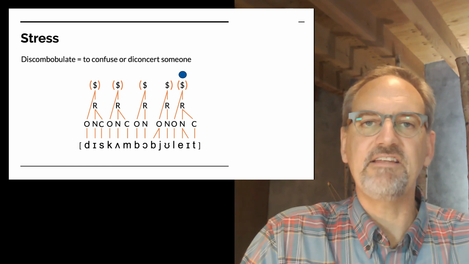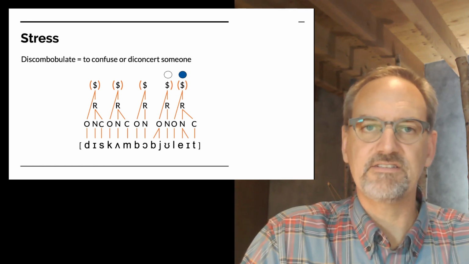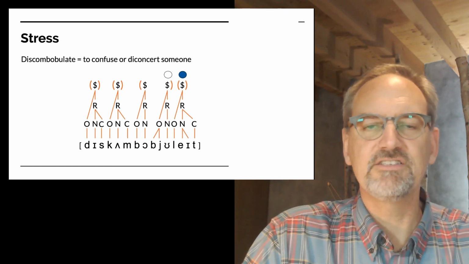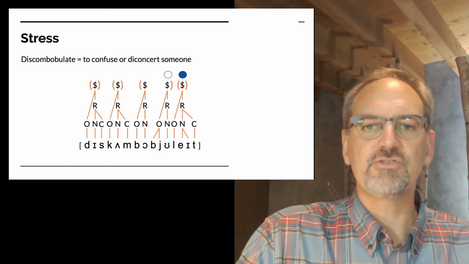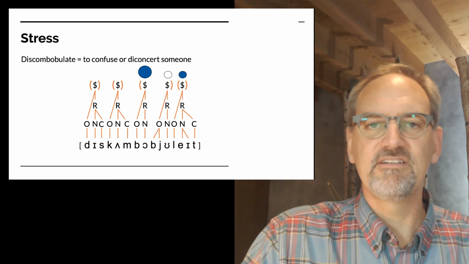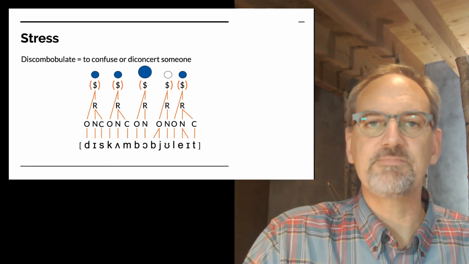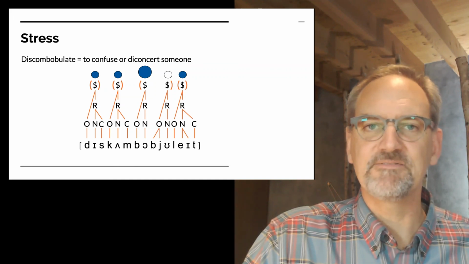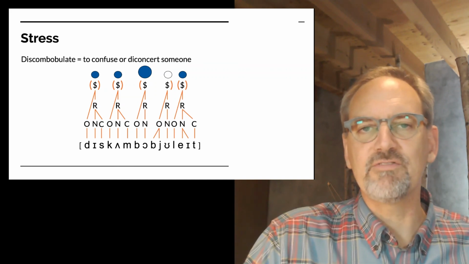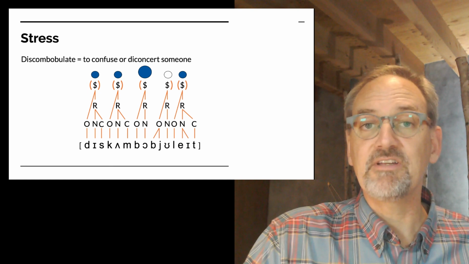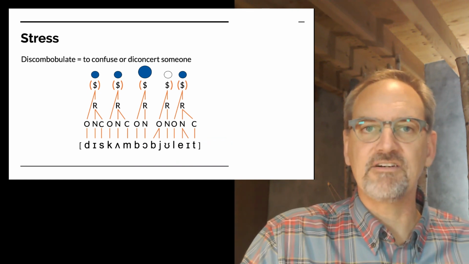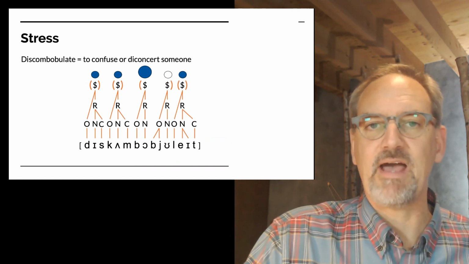Discombobulate. Late gets a stress, but the y is unstressed. So the white circle is showing me unstressed, the dark is showing me stressed. But bob is primary stress, and then each of the others. You get the stress pattern discombobulate. Now, I haven't shown you all of the rules that produce this, but in phonology, we study the patterns that determine stress patterns.